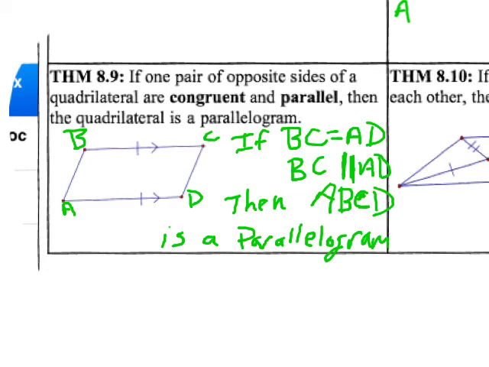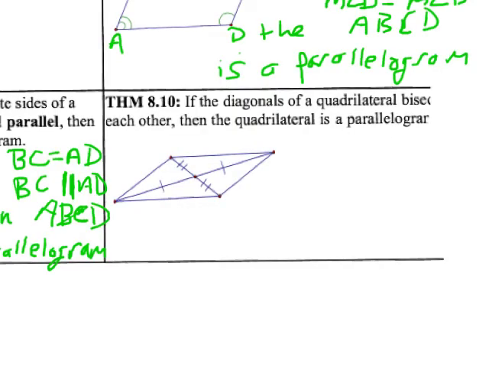The last one is if the diagonals of a quadrilateral bisect each other, then the quadrilateral is a parallelogram. I'm probably not even going to write the whole thing out here. If I know I've got bisecting diagonals, then I know I've got a parallelogram. Maybe I can draw this in a different color.